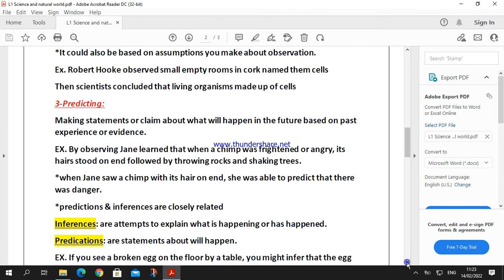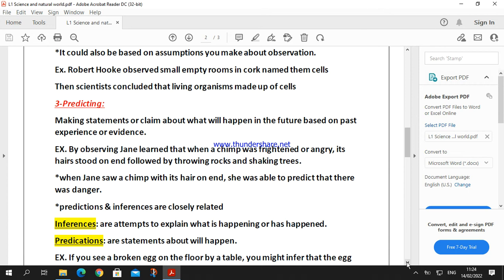The third skill, predicting, is making a statement about what will happen in the future, based on past experience or past evidence. For example, by observing, Jane Goodall learned that when a chimp feels threatened or angry, its hairs stand on end, followed by throwing rocks and shaking trees.